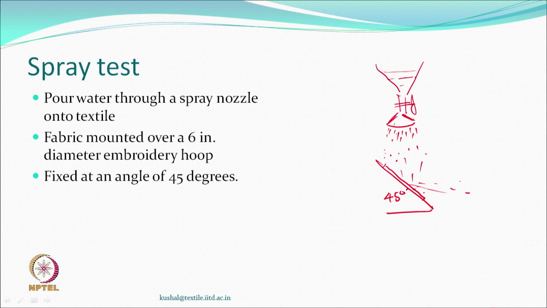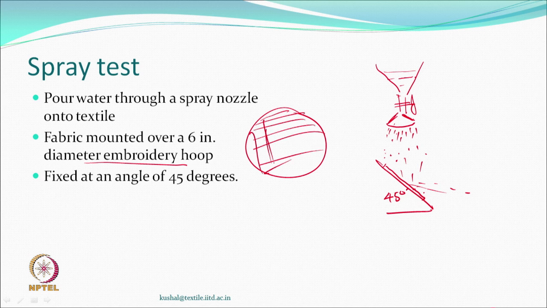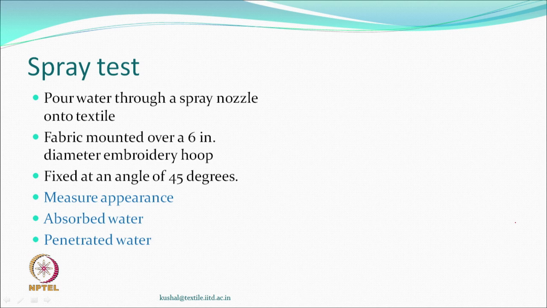Normally a standard may say, well, there is an embroidery hoop on which you fix your fabric sample tightly, and then place it on an incline, and then have the standard test where the water has fallen and gone away, and then make some observations.